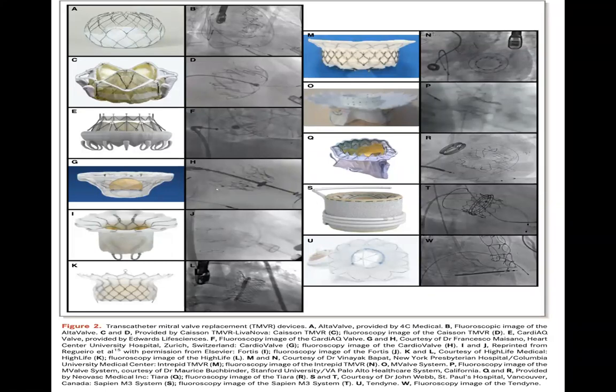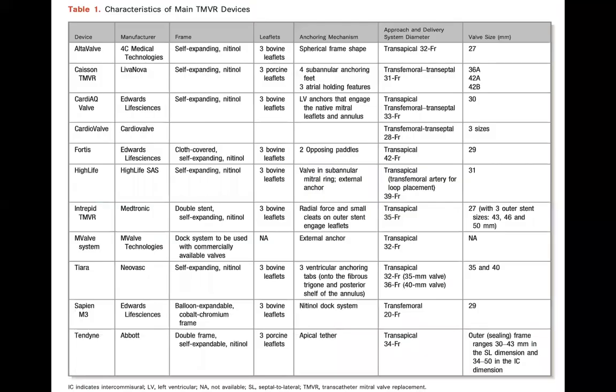transcatheter because of the big valve, you need a big sheath. This is why I can show you here all the devices, the approach and delivery system, because a big valve needs a big delivery system. They are all transapical, apart from Livanova, who designed transfemoral or transseptal, and Jenavalve also has transfemoral.